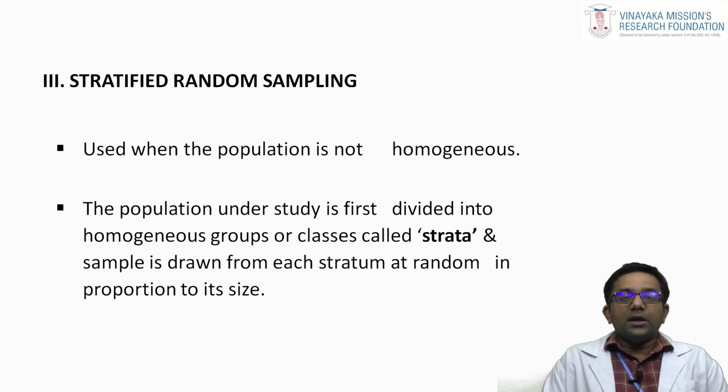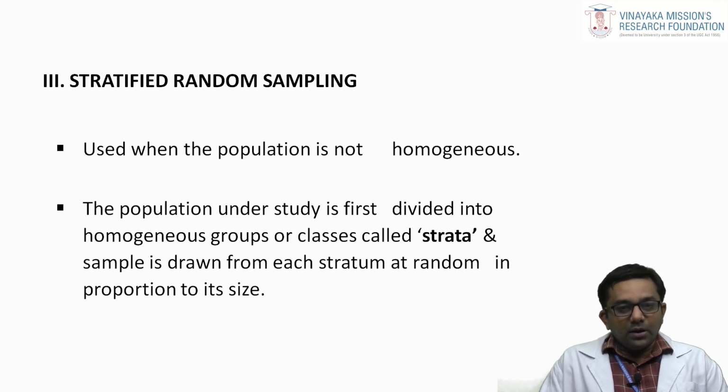Stratified random sampling is used when the population is not homogeneous, that is, when the population has different groups, like male or female. In a stratified sample, we select participants by means of strata, or a sample is drawn from each stratum at random in proportion to its size.